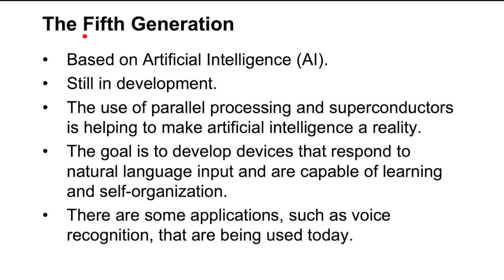The fifth generation is based on artificial intelligence. So you can say the current world is AI based, and we are still in this phase, where AI is growing and becoming stronger and stronger.